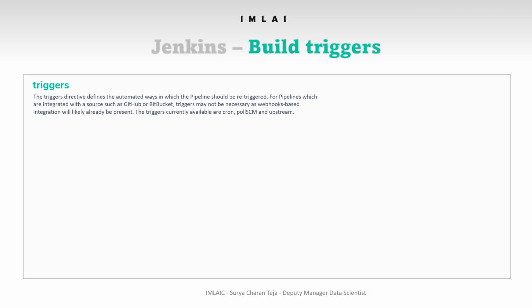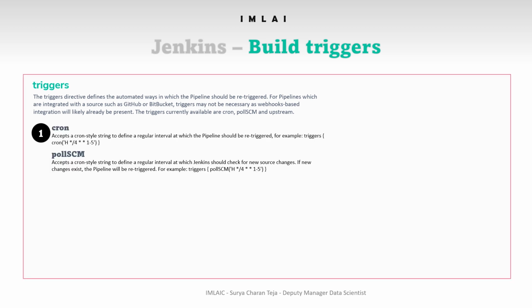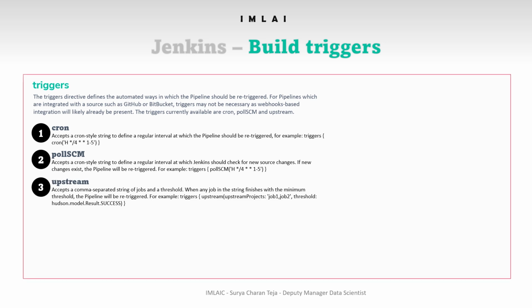For pipelines which are integrated with a source such as GitHub or Bitbucket, triggers may not be necessary because we can do the same with webhooks. Webhook-based integration will also work there. The triggers currently available are cron, pollSCM, and upstream.